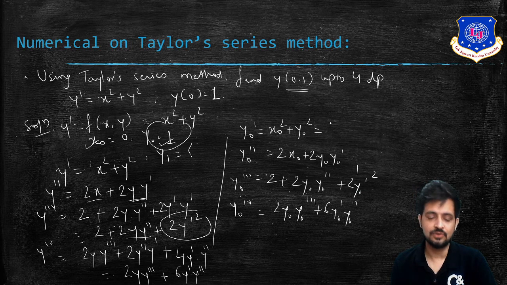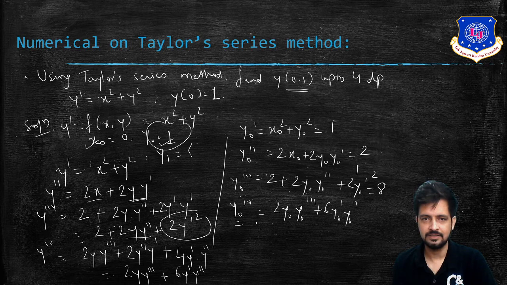If you place all of these values, y0 dash will be 1, y0 double dash will be 2, y0 triple dash will be 8, and the fourth derivative y0 will be 28. These are the values that we place in the Taylor series formula.